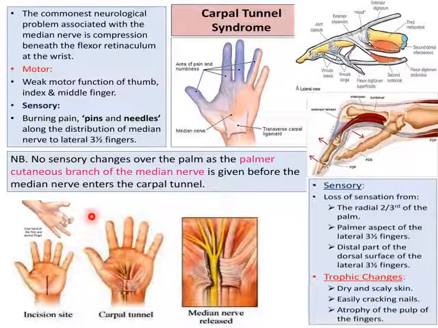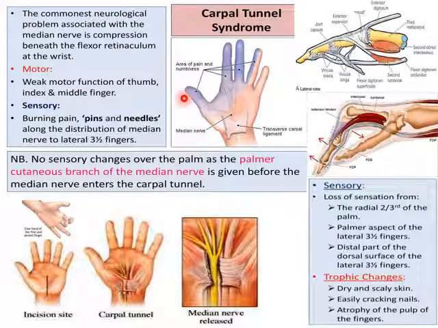And as far as sensory changes are concerned, there is numbness and tingling felt on the palmar aspect of the lateral 3.5 digits, as well as on the dorsal aspect of the skin of the index, middle and ring finger till the middle phalanx, and for the thumb it is felt only up to the terminal phalanx.